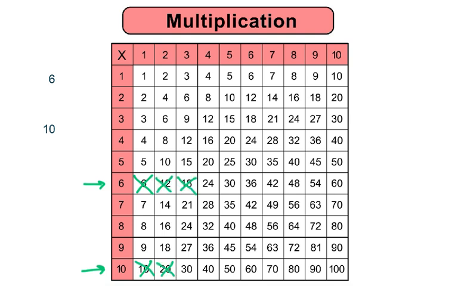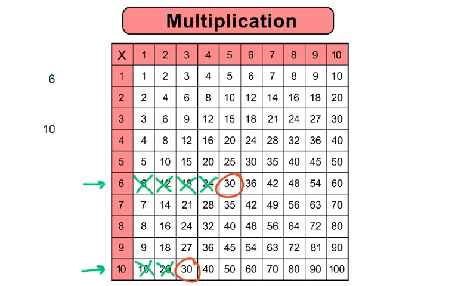So again, I just keep crossing off the smallest number until I get to the one that they have in common. So with this one, they don't have to have the list, but they do have to have a multiplication table, and it does have to go up high enough to find the numbers. So for smaller numbers, this is a good way to do it, especially if they're trying to find the least common multiple for a common denominator.